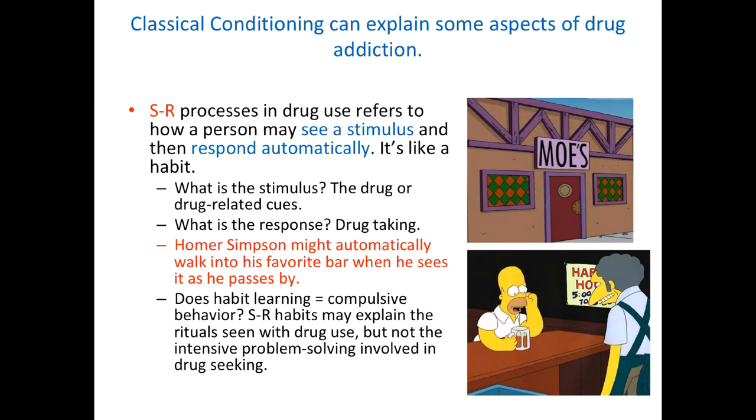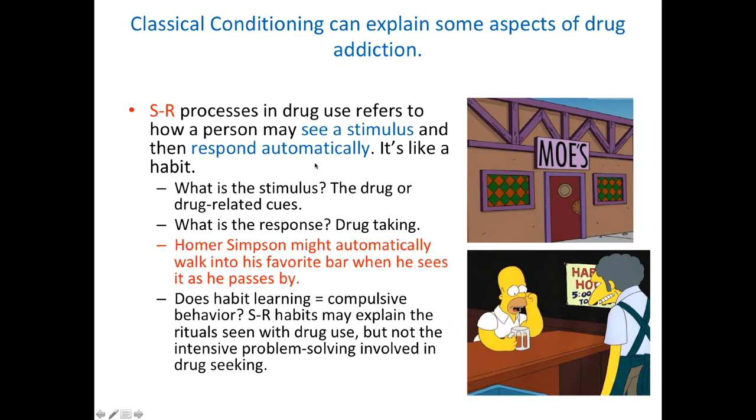Instead, they rely on these classical conditioning processes. And so it turns out that there are two different ways that classical conditioning can form associations. One type of association is what's called S-R. S stands for stimulus, R stands for response. In other words, when I see something, I respond to it. So it's a very quick and almost mindless reaction.